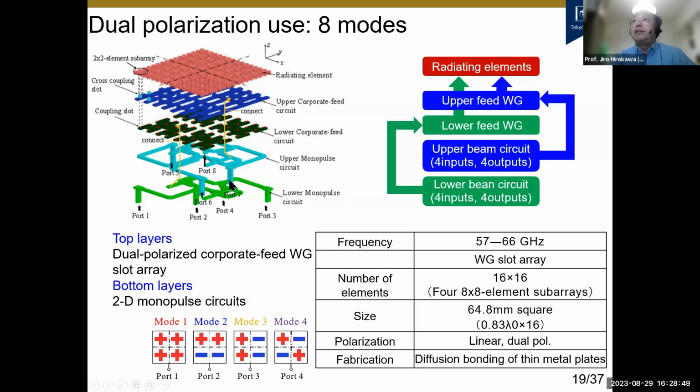On the other hand, the feed circuits are introduced for each polarization, so we have introduced a feed circuit and a monopole circuit for each of the two polarizations.